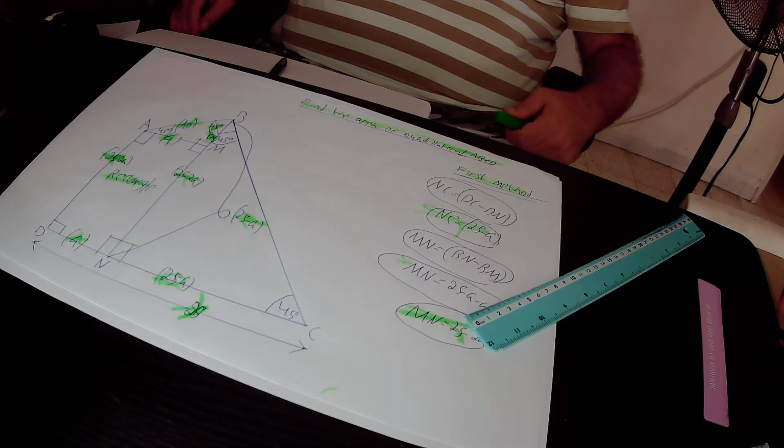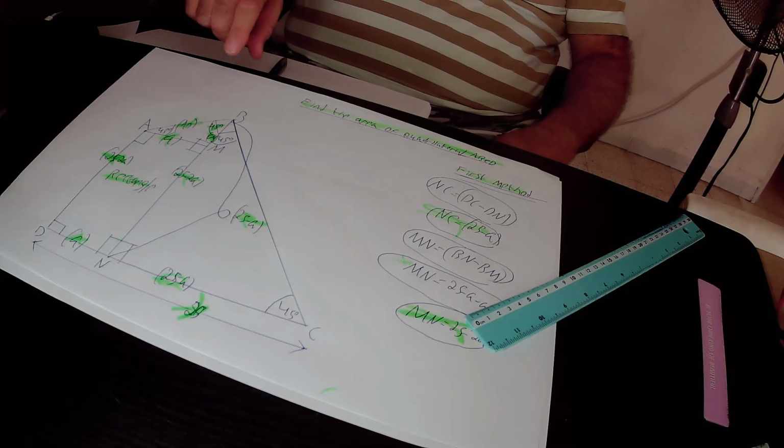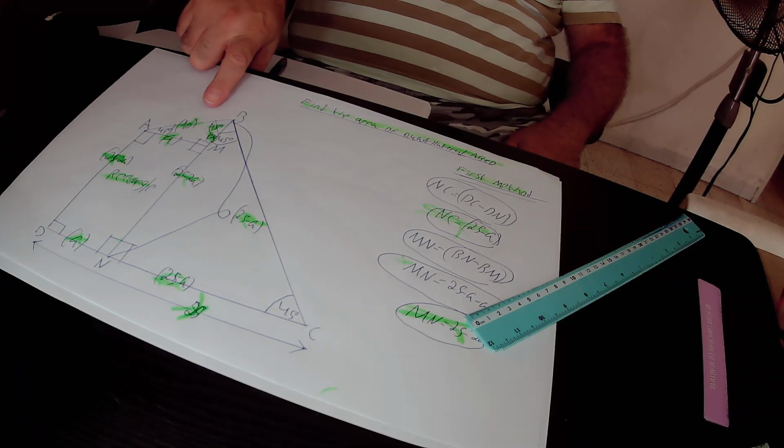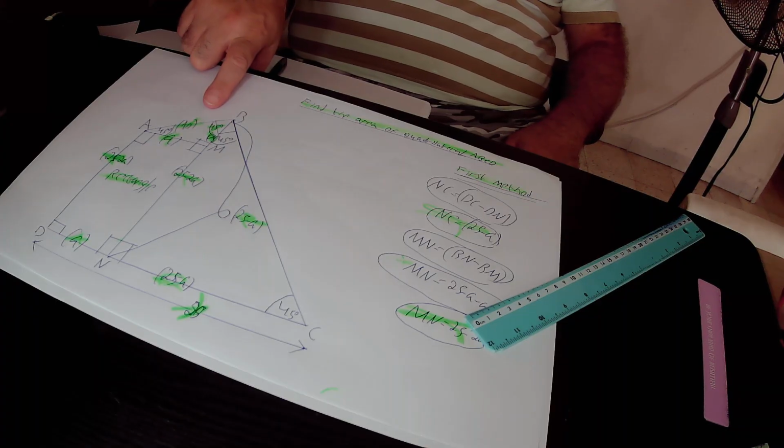In the next step, we will implement the Pythagoras theorem on this small right triangle ABM. So I copy this small right triangle ABM in a new page and we will implement the Pythagoras theorem on it.